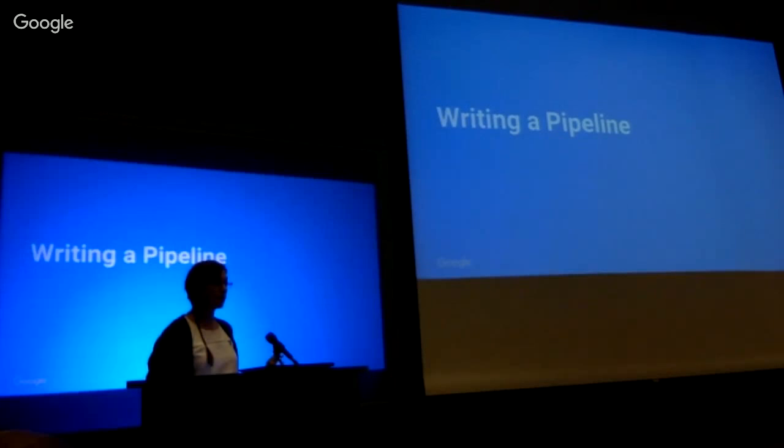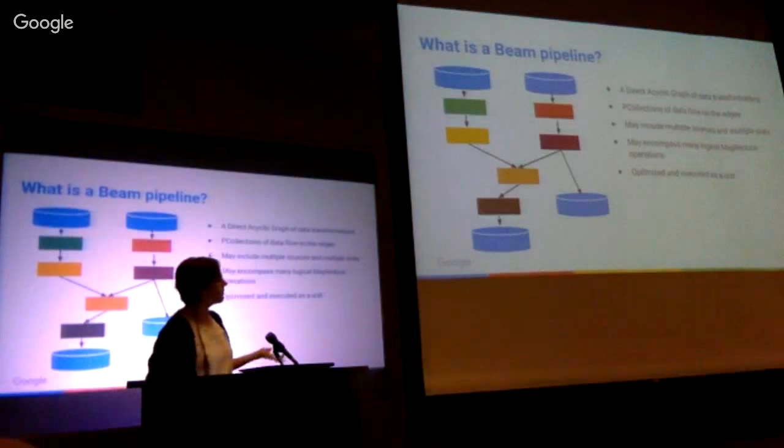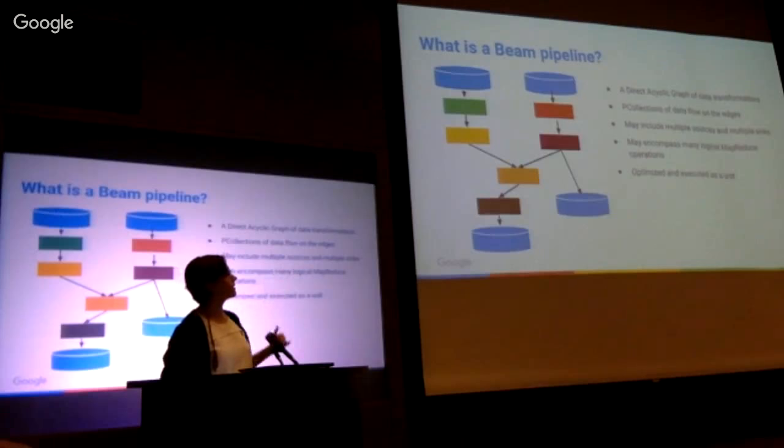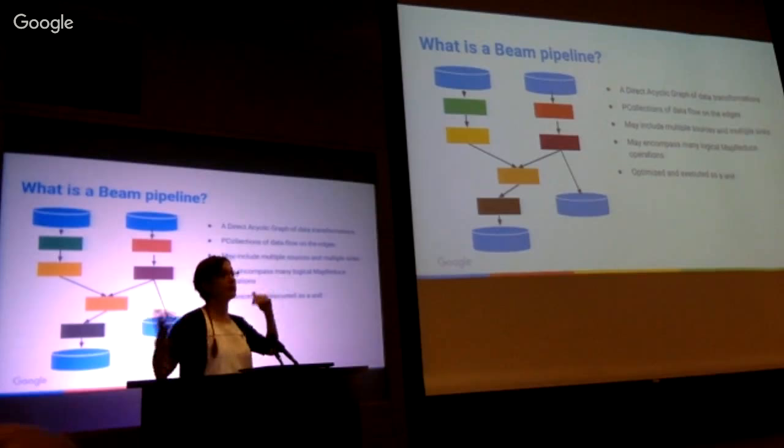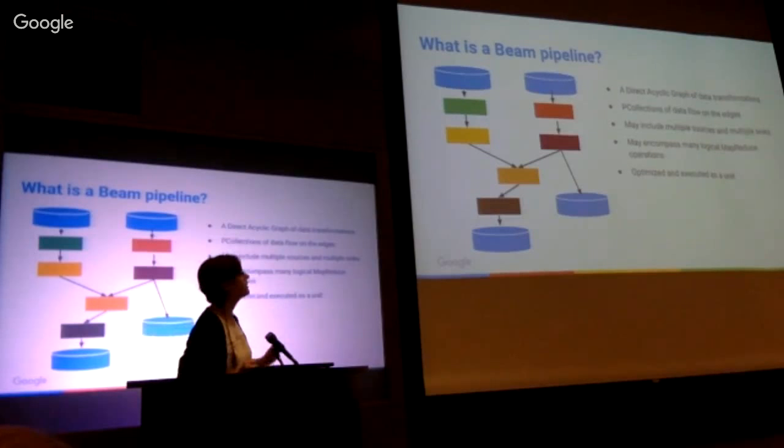So how do you write a pipeline with Dataflow, or Beam? A Beam pipeline is a directed acyclic graph of data transformations. How many of you are Java programmers? Okay, good. So you have a collection; in Beam you have a PCollection, a parallel collection, right?